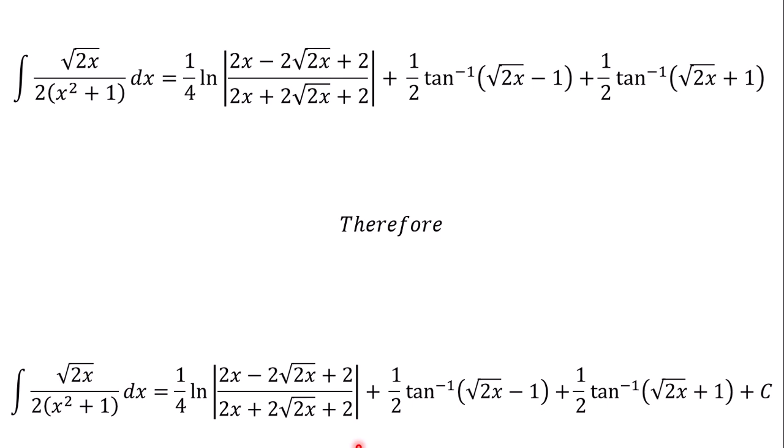I'm not saying we are going to do it, but if you want to, you can. And maybe if you get stuck, you can let me know in the comment section, and then I will sort you out. Okay, so just try differentiating the whole of this to find out if you can get this one back.